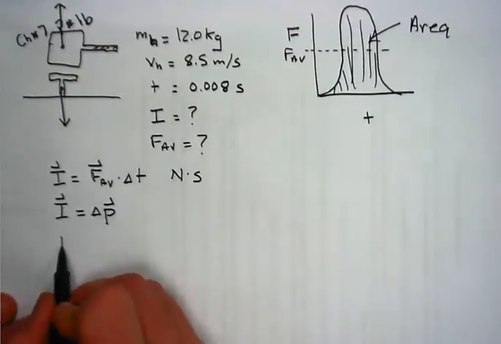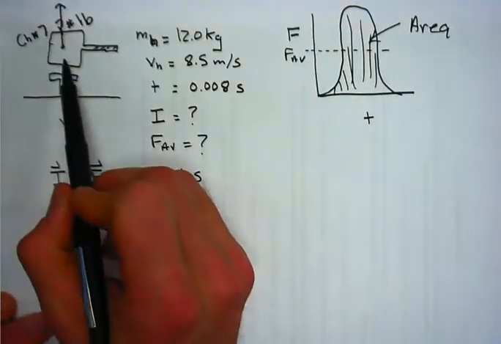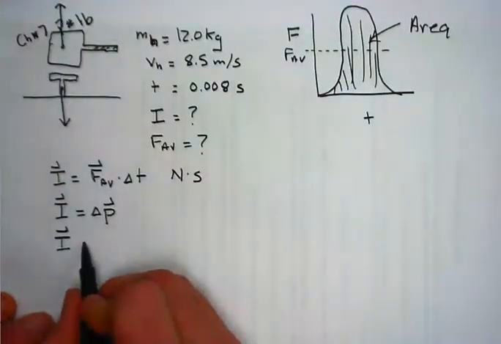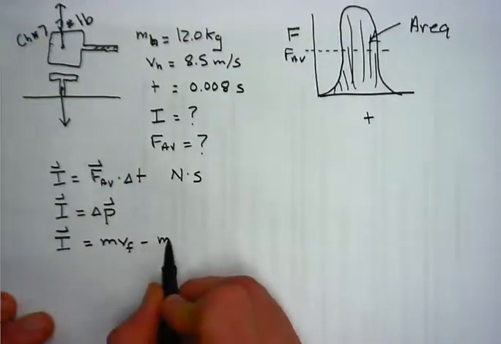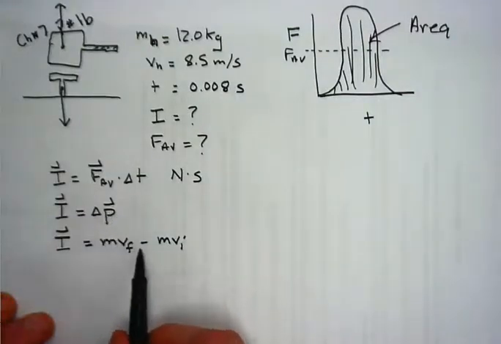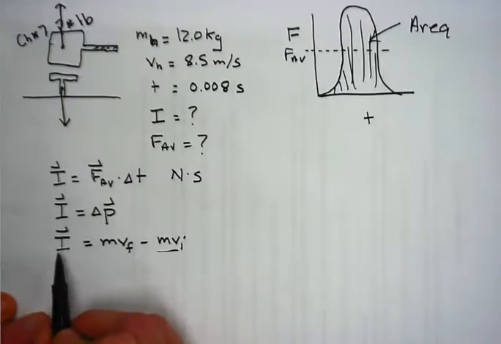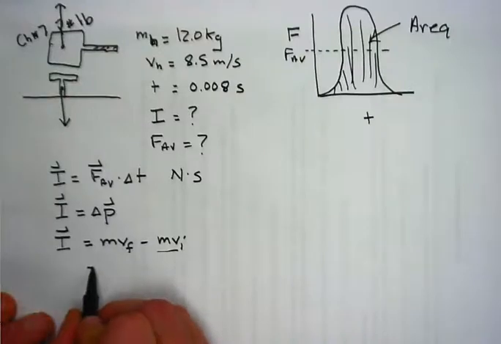Okay, so I am going to figure out the impulse that the nail exerts on the hammer by doing the following, by doing mvf minus mvi. Okay, so this is the change in momentum of the hammer. All right, and I'm going to find the impulse by calculating the change in momentum of the hammer.